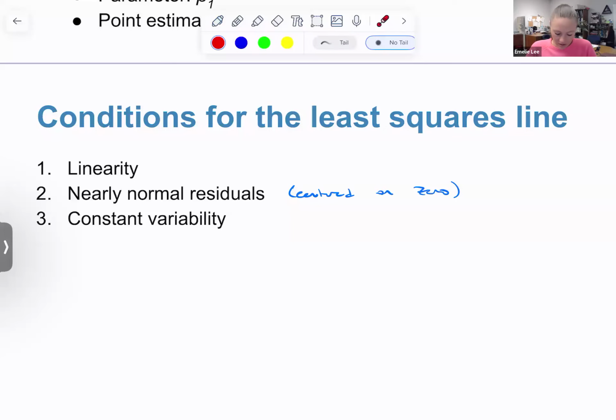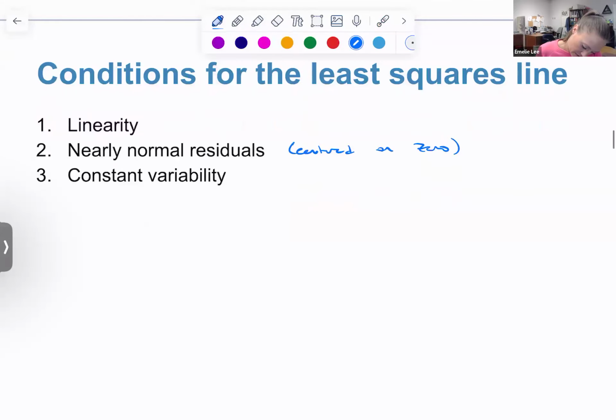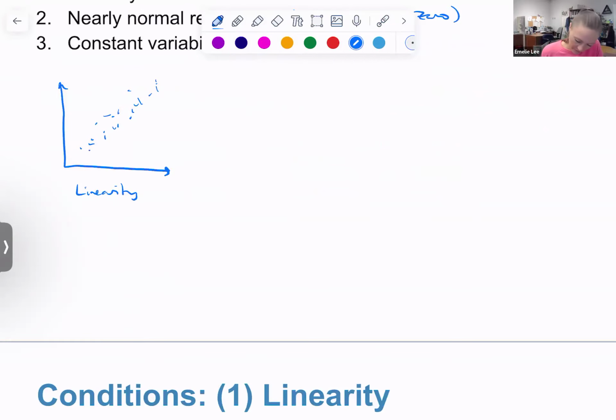And kind of the tricky one is we need to have constant variability, okay? And there are slides that follow, but I'm just going to draw them here. So the linearity condition, we need to have a straight line relationship, so that's what linearity means.